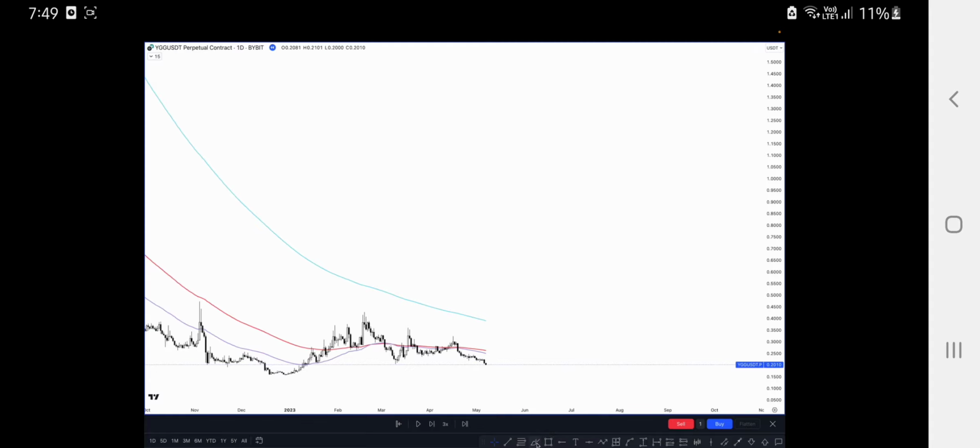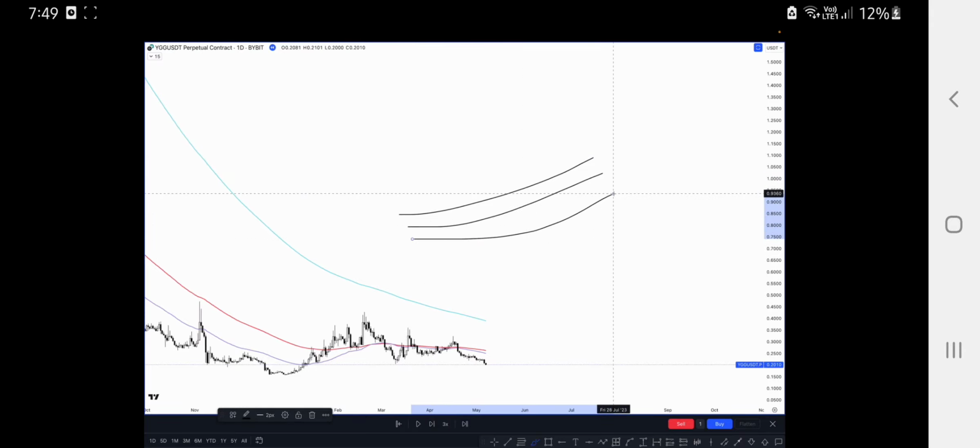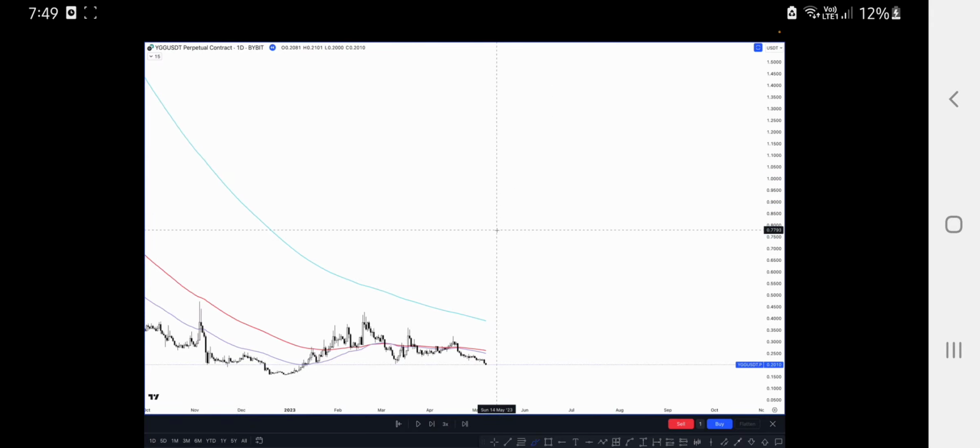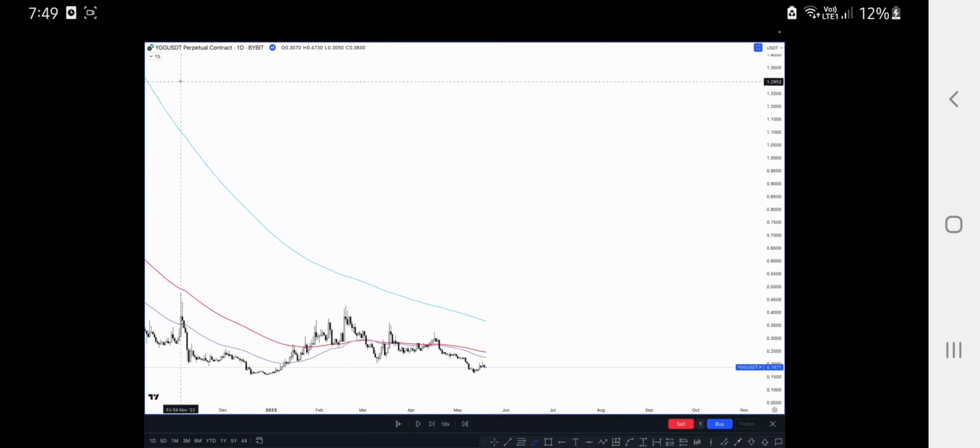But the principle, as I talk about in the Swing Trading Masterclass, for any uptrend is that the 50 must be above the 100, which must be above the 200. So here we are on the daily chart, and let's run it right until YGG pumps, okay? Just so you know, the 50 is the light purple, the 100 is the red, and the 200 is the turquoise light blue.